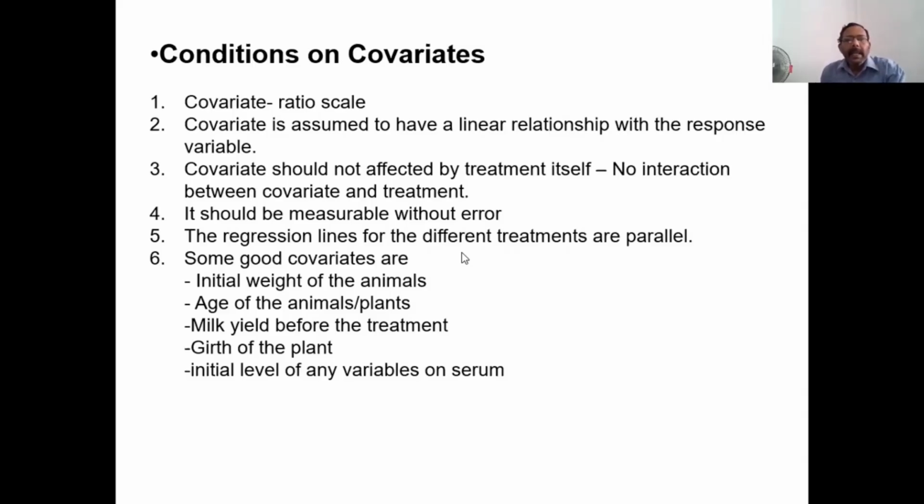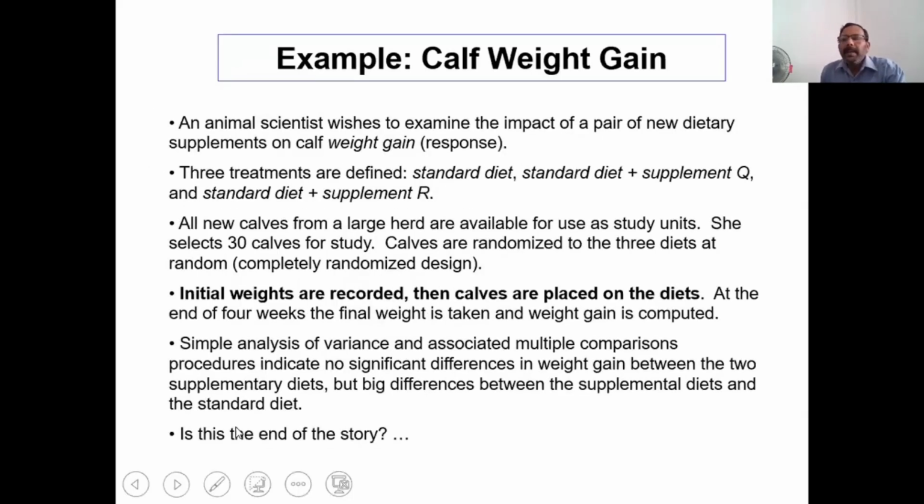So we have learned that. Now we will go to an example and try to figure out how it works. First of all, what is ANCOVA, or analysis of covariance, and how is it really helpful to have highly precise experiments, right?